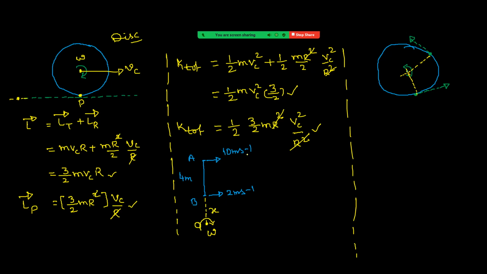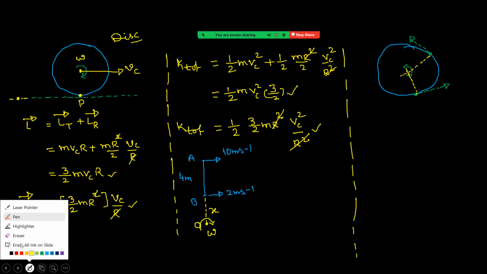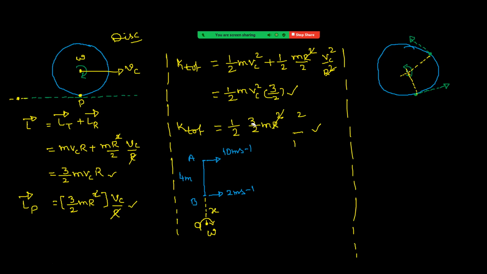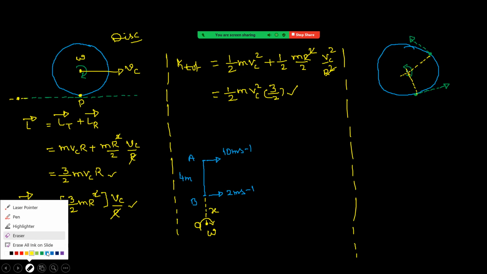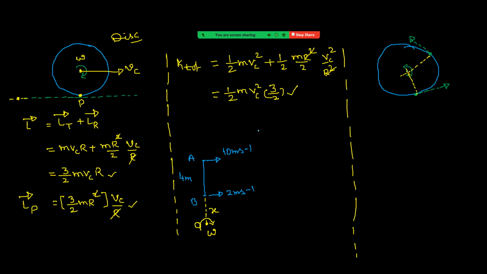Then velocity 10 meter per second is equal to, see now what we can do here. We can write speed equal to r omega. Its distance from point O is x plus 4. So r is x plus 4, giving (x plus 4) omega.